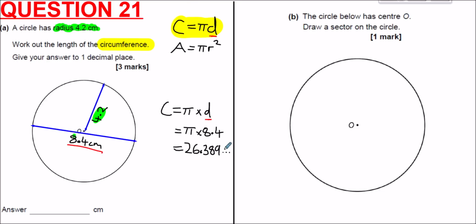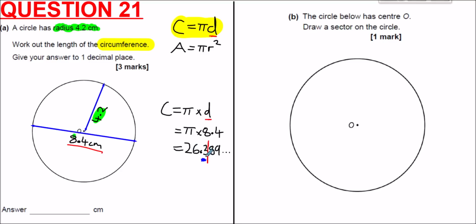The number will keep going on forever, but we want it rounded to just one decimal place. So if we cut off and leave just the first number after the decimal, that's one decimal place. And so the answer might be 26.3.